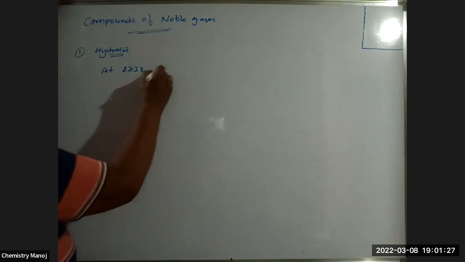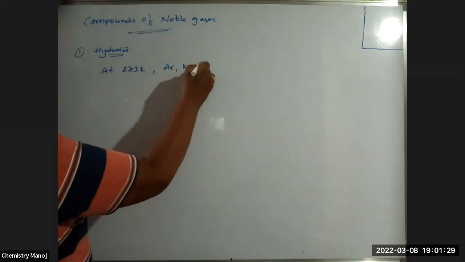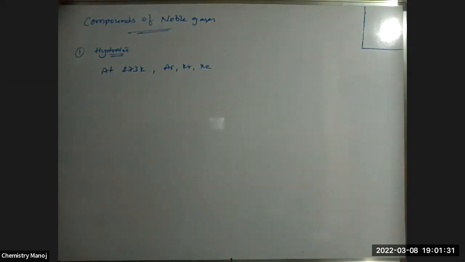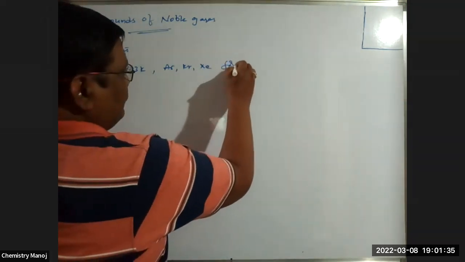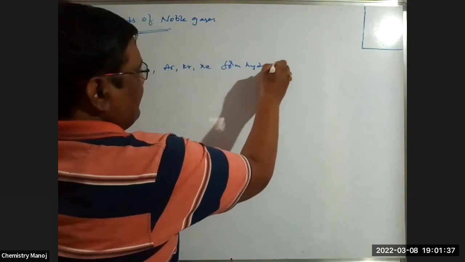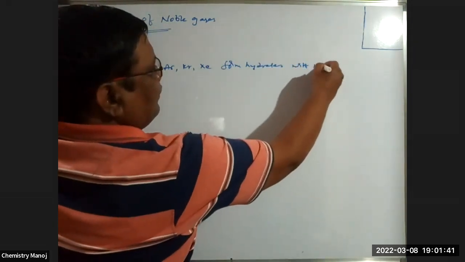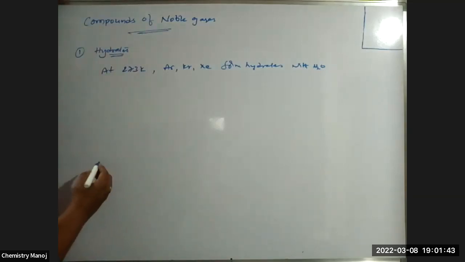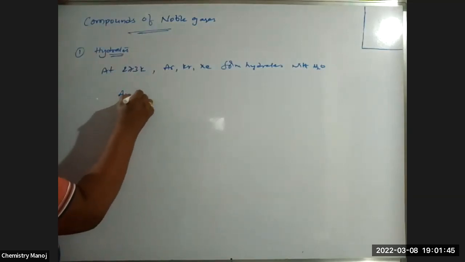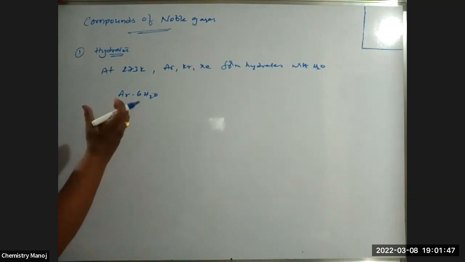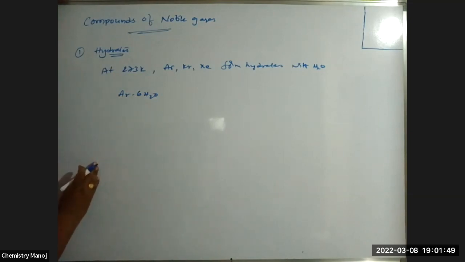Argon, krypton and xenon form hydrates with water, like Ar·6H2O, Kr·6H2O and Xe·6H2O. Hydrate means addition of water physically, not chemically.